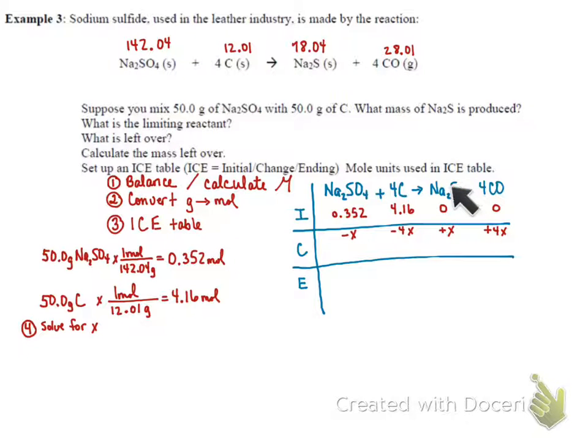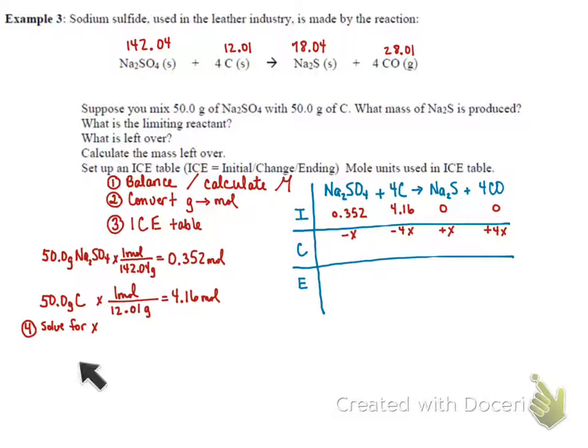We are going to be forming 1 sodium sulfide, so that's a plus X. And then we're going to form 4 carbon monoxides, so that's a plus 4X. So the minuses are with the reactants, and the pluses are with the products, and the number is the coefficient for each one. And X is just the factor that we measure everything by.